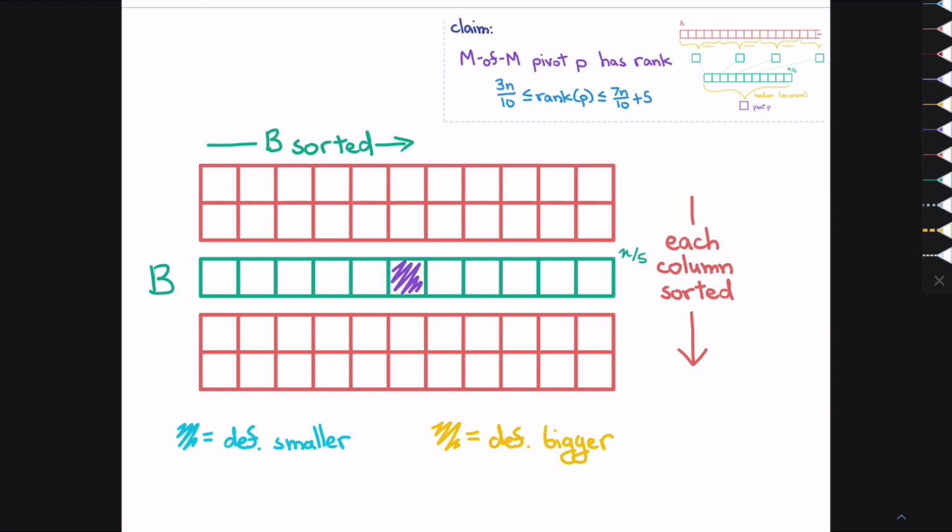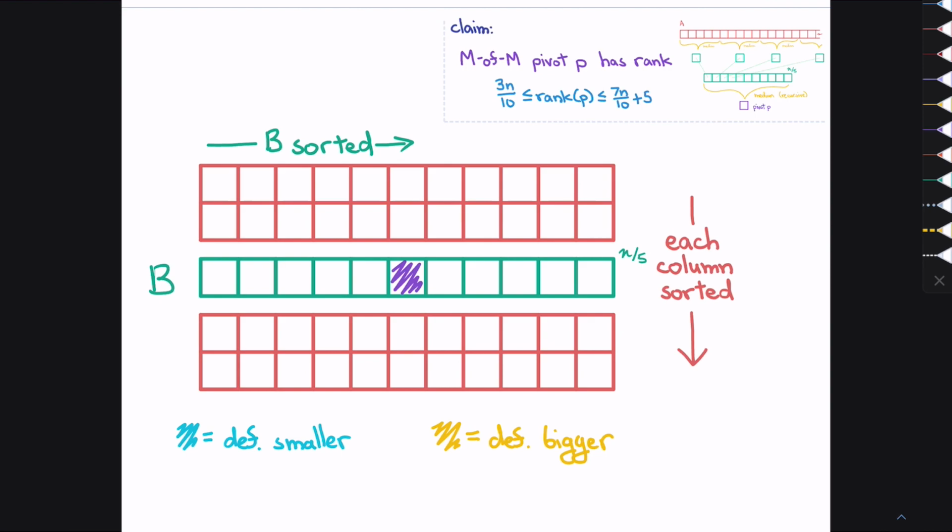And imagine I've reordered the columns so that the columns are in sorted order, so that the median's in the middle. This is just for the proof, not for the algorithm. This is just to do a proof by picture. Imagine I've reordered the columns to be sorted according to the medians, so that the median should be in the middle of the green.